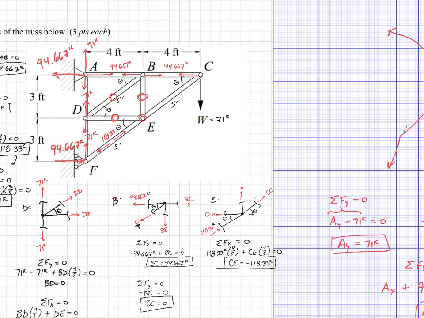So anyway, I'm going to draw CE on here, and it's in compression. So these two are pushing back this way, of 118.33. To check my solution, if you have time, do the last joint. So this will be joint C, and it looks like this.